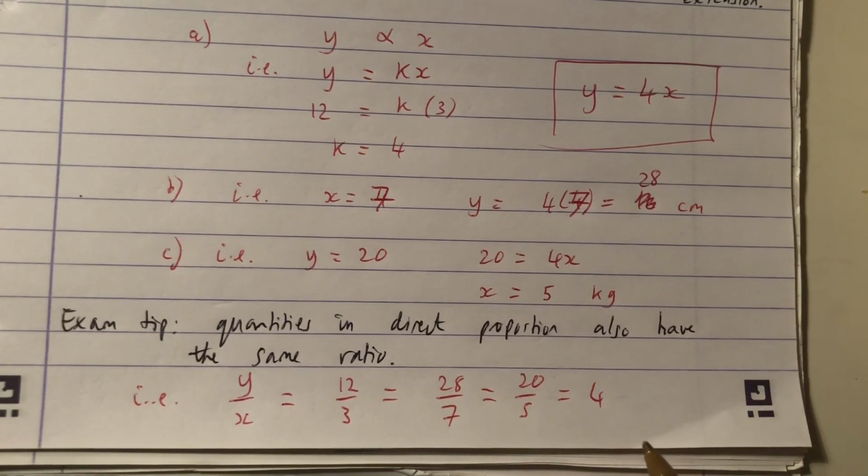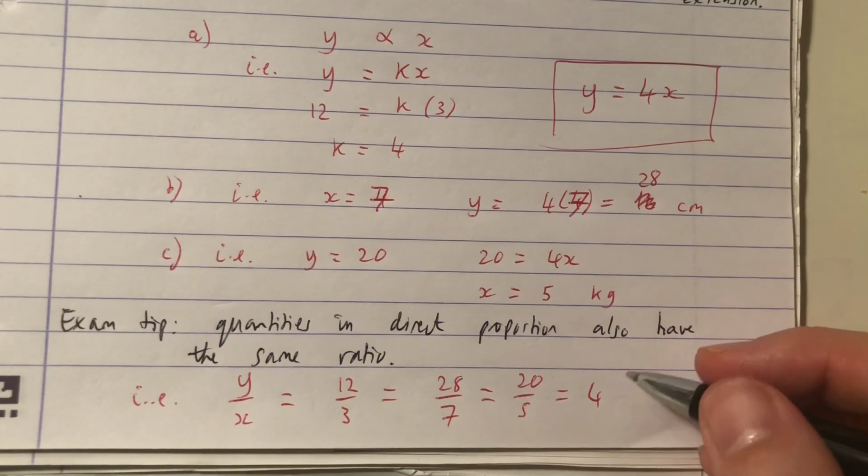All of those are equal to 4, which means I've done the question correctly. If they didn't equal 4, then I've done something wrong, or the question isn't a direct proportion question. That's always a check you can do to see if you've done this correctly. And I've put the questions on the notebook.